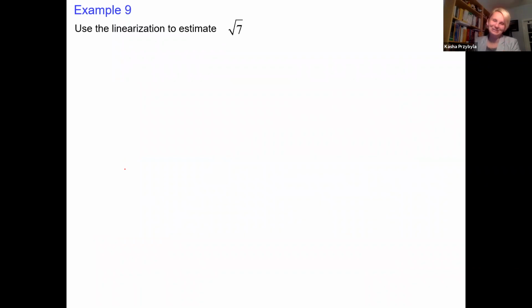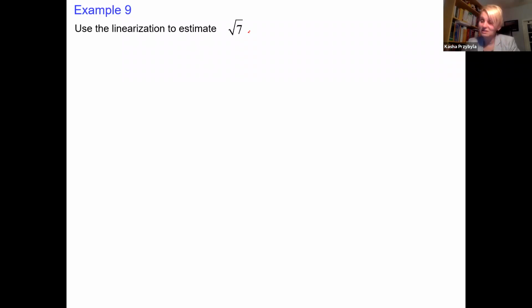That's what I have. But let's just finish the session with this, because you can see I can ask this way. The question we solved was actually quite easy, a little bit easier because we were given the function. But can you see the way that I ask? Use the linearization to estimate square root of 7.